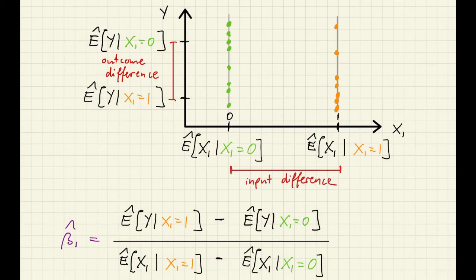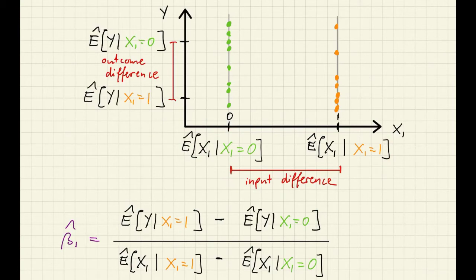This principle is an intuitive recipe for computing an effect. For example, if you have two groups of people who follow different diets with different calorie intakes, an intuitive way of computing the effect on body weight of consuming an additional calorie is to take the difference in average body weights between the two groups and divide it by the difference in average calorie intakes.